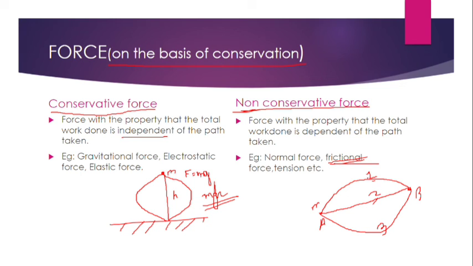Here the value of frictional force applied on path 1 will be different from path 2, which is also different from path 3, and path 3 is also different from both 1 and 2. This is a non-conservative force.